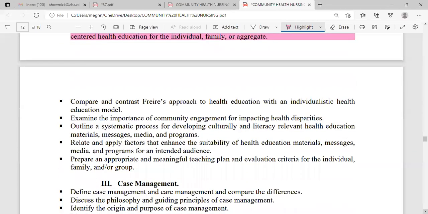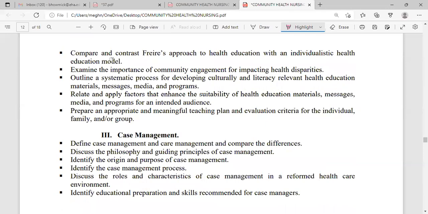What else? Next, compare and contrast the approach to community health education with the individual health education model. Examine the importance of community engagement for impacting health disparities.